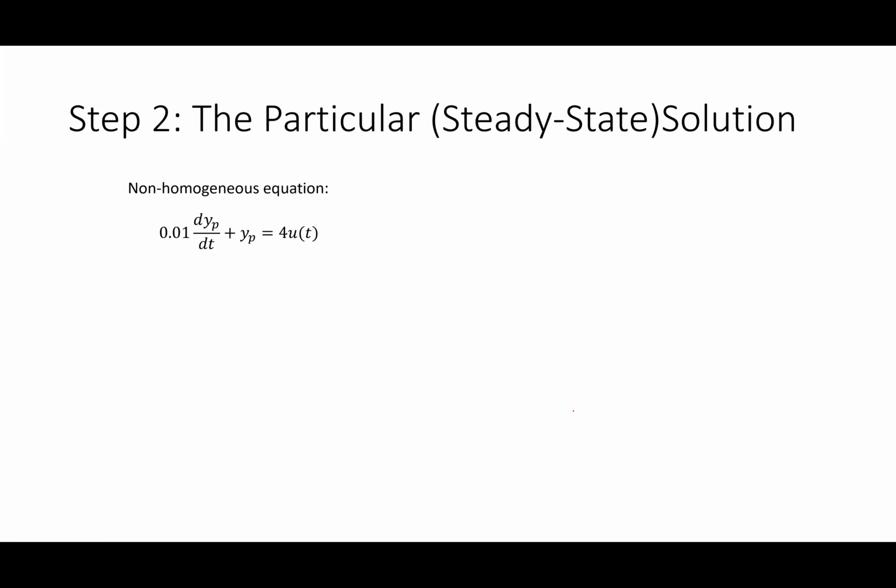I'm going to guess something, y p of t. Now my input is basically a constant. So what's my output going to be in steady state? A constant. If I have 5 volts going into an RC circuit and I wait long enough, I'm going to have 5 volts on the capacitor. So I'm going to guess that the final value is B, some constant, times u of t.